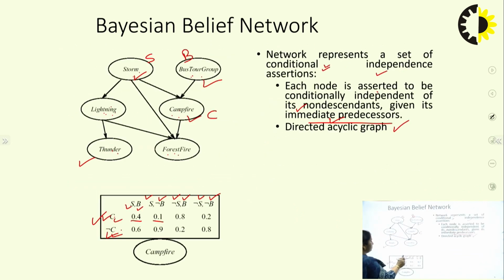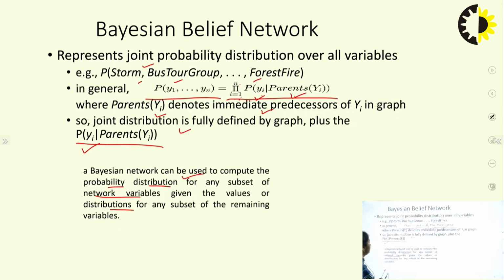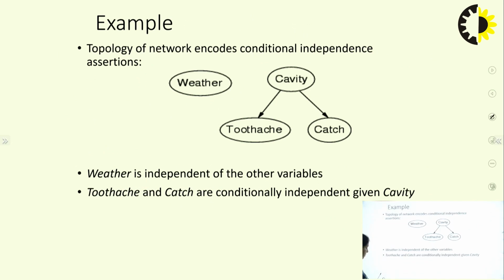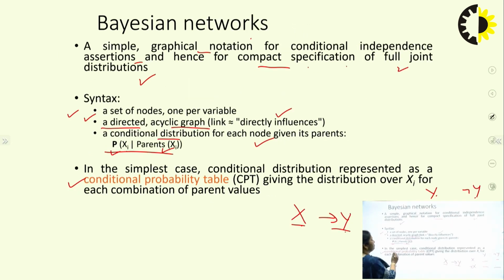So for each variable, for each node, we will have this particular table. What is this table? This is the CPT, conditional probability table, giving the distribution over xi for each combination of parent values.